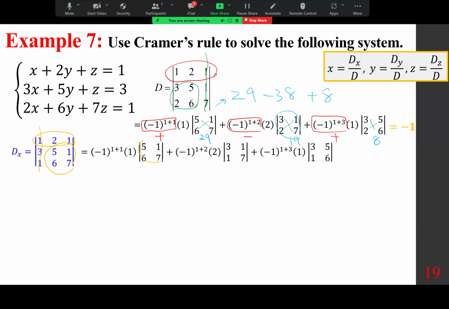So this is it. And remember the sign, this is positive 1, negative, positive, they alternate. I'm just writing those. Here's the second one.